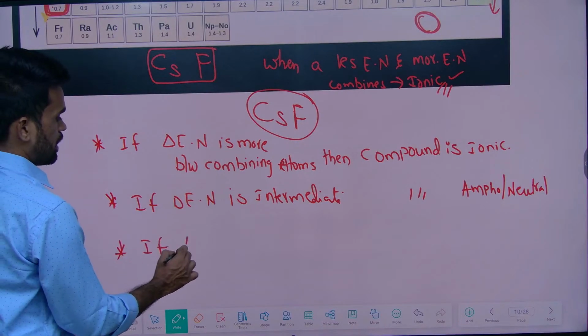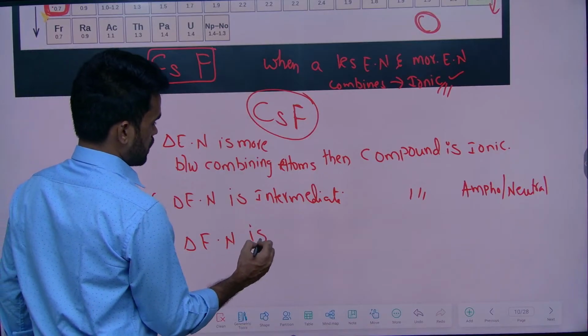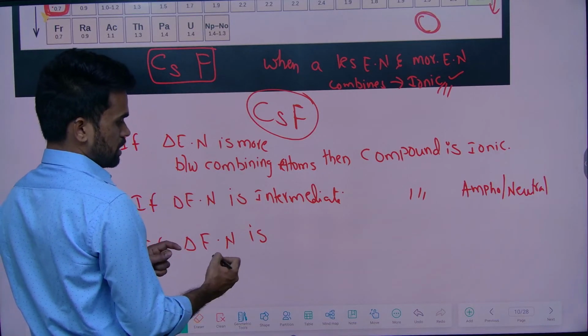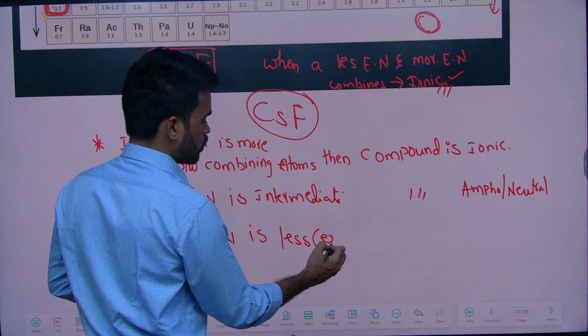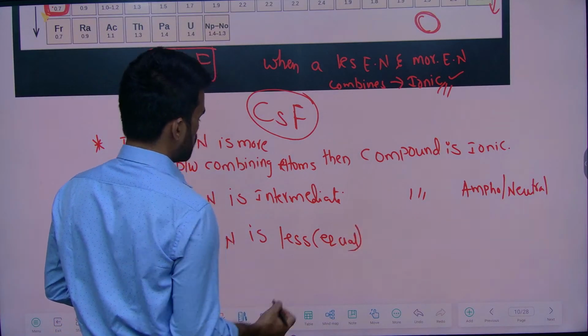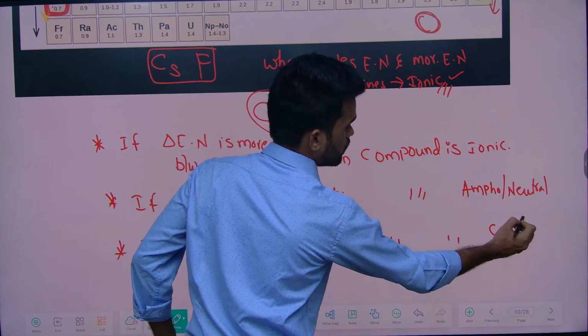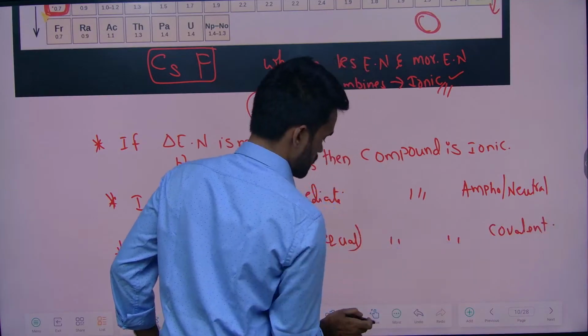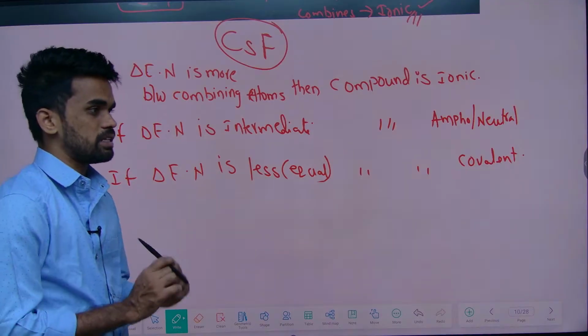If electronegativity difference is less or almost equal between the combining atoms, then the compound is covalent. Let us understand this by taking some example. These are 3 generalized statements useful for understanding the concept.